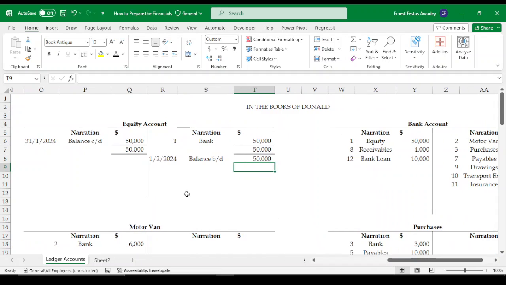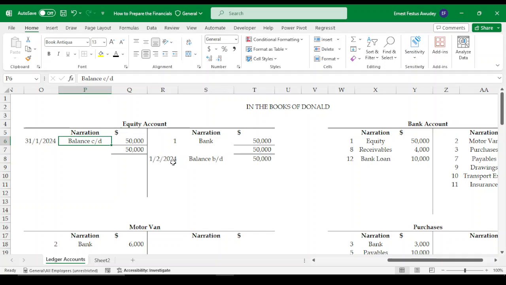So relax. Now, what you must know is that the balance carried down can also be referred to as balance carried forward, and the balance brought down can also be known as balance brought forward. So it's going to be balance C/F for balance carried forward, and balance B/F for balance brought forward.